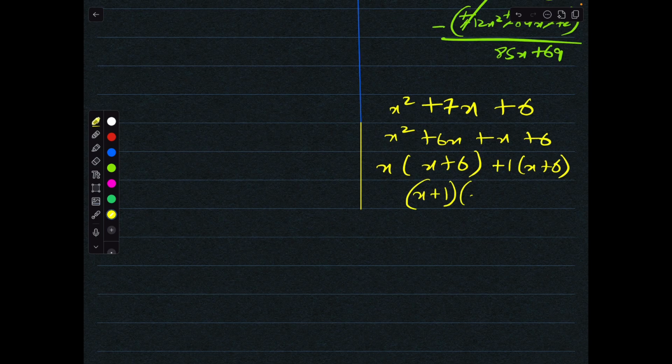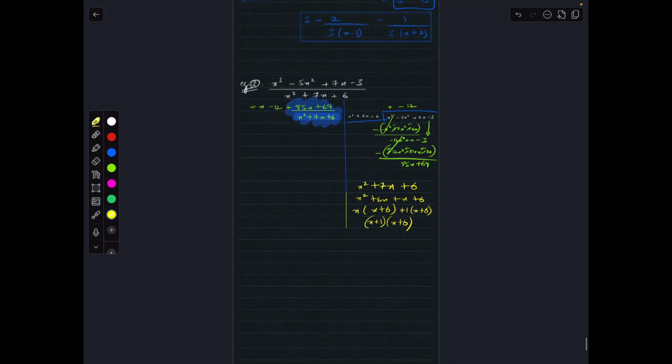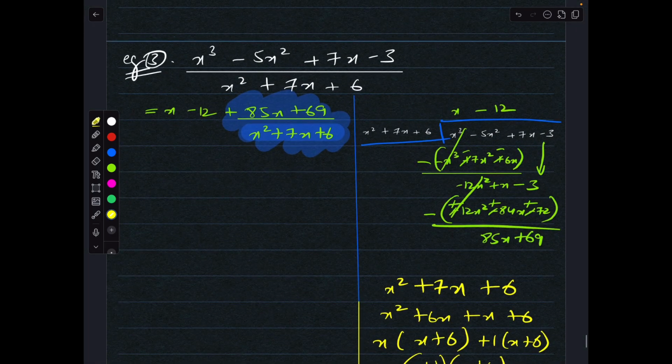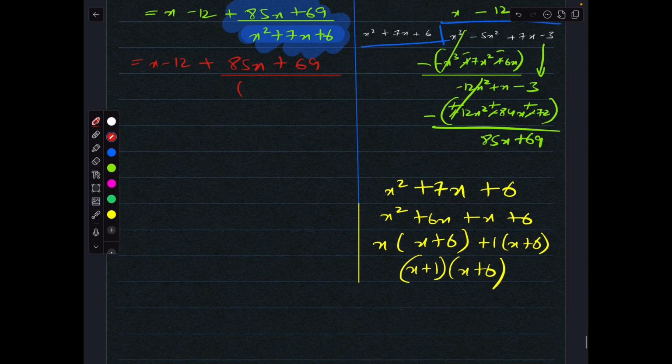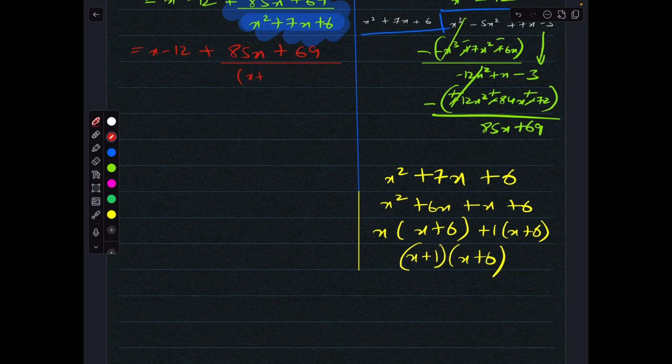And the two factors turn out to be x plus 6 and x plus 1. So just rewrite everything down and write the denominator in factorized form, x plus 1 and x plus 6.